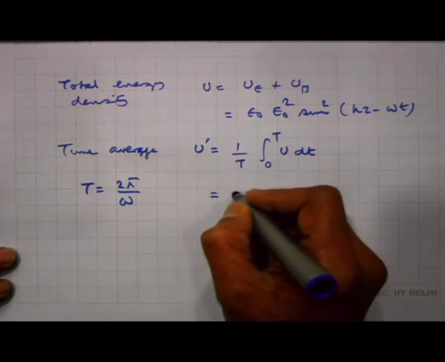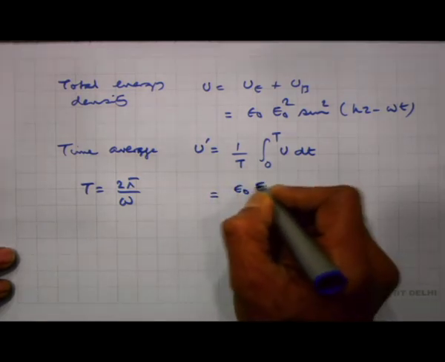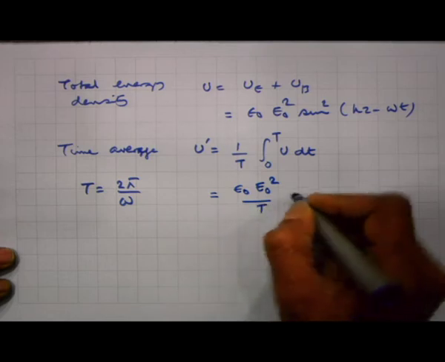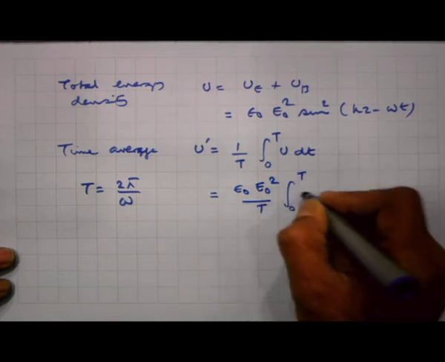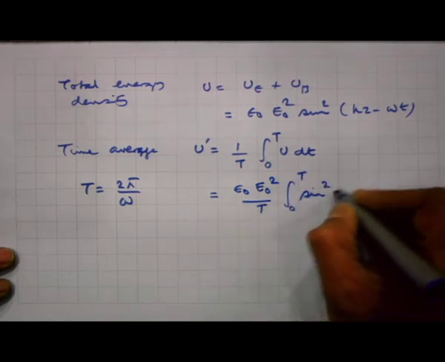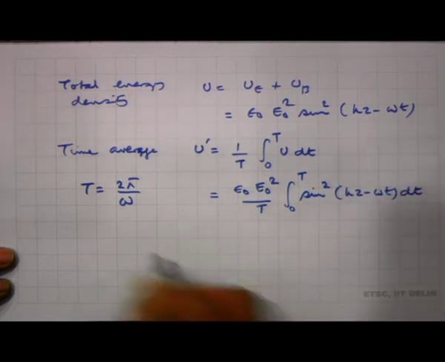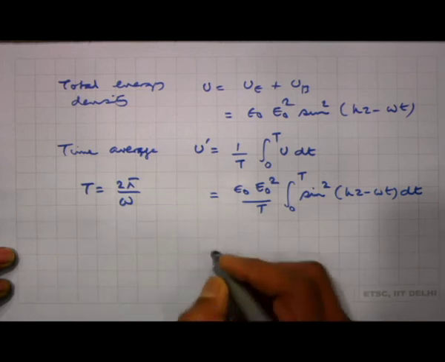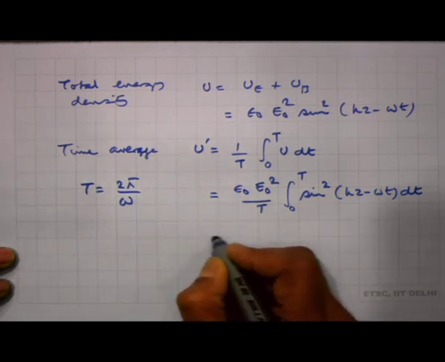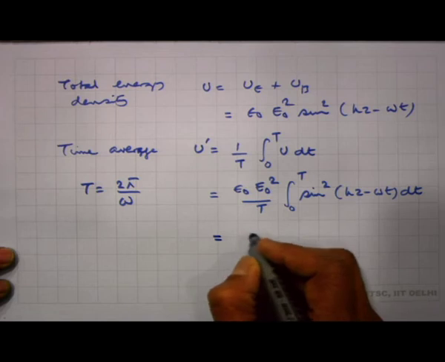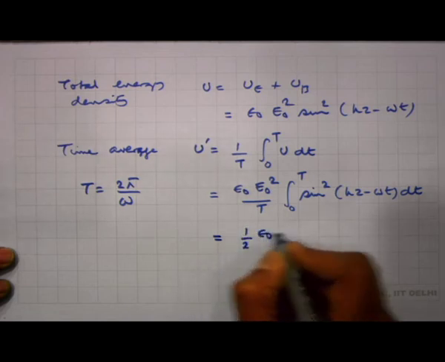So, this is equal to epsilon 0 E naught square by T, integral 0 to T of sine square (k z minus omega t) dt, with T given by 2 pi by omega, and I leave it as a problem for you to show that this is equal to half of epsilon 0 E naught square.